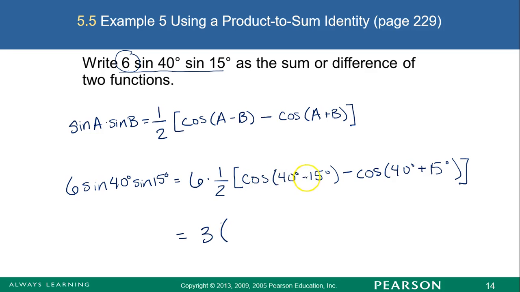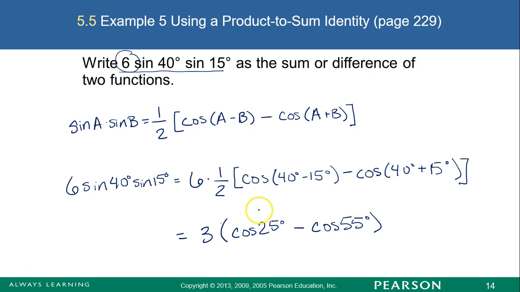Cosine of 40 minus 15, that's 25. So we're at cosine of 25 degrees minus, and then cosine of 40 plus 15, well, that's just 55. So write cosine of 55 degrees.